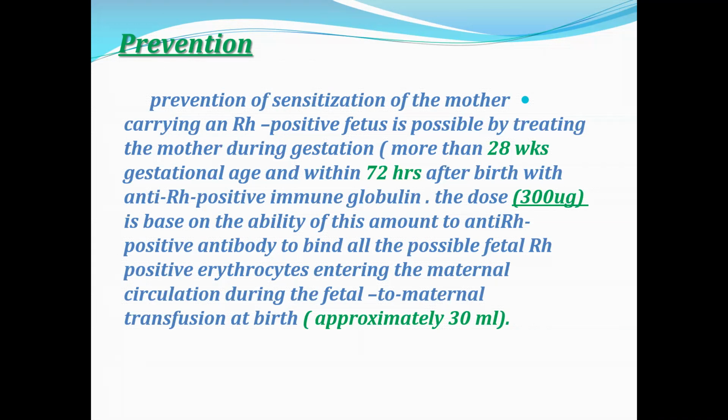So prevention of sensitization of the mother carrying an RH positive fetus is possible by treating the mother during gestation. It can be given, of course, at 28 weeks of gestation and even after birth, within the first 72 hours of birth.